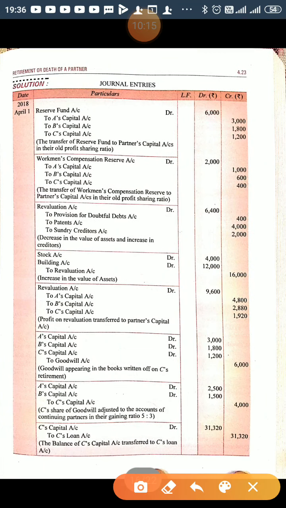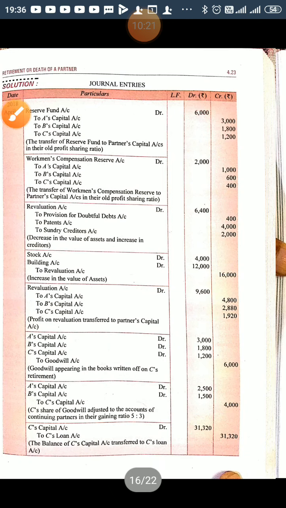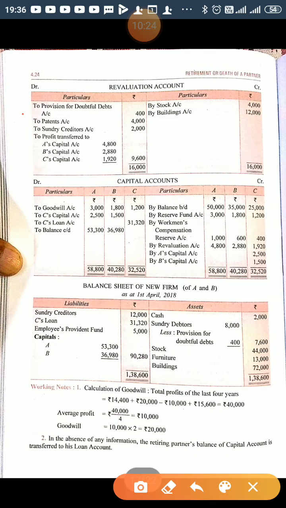So the journal entry will be revaluation account debited to provision for doubtful debt, that is 400. So this will be transferred to the debit side of the revaluation account, and in the balance sheet we will deduct it from the debtors. Debtors are 8,000 less provision for doubtful debt 400, and the balance amount 7,600 will be shown in the main column.